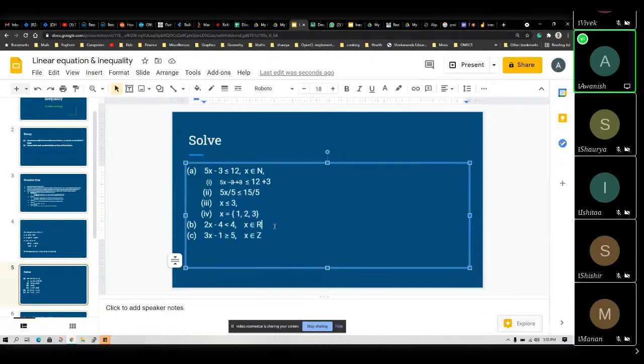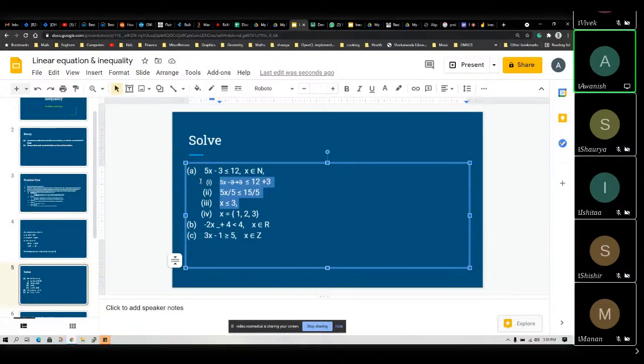Now the second problem is, I think I will invert it a little bit so that we make it like this. Can we solve this now? Can I remove these steps now? Yes, sir.